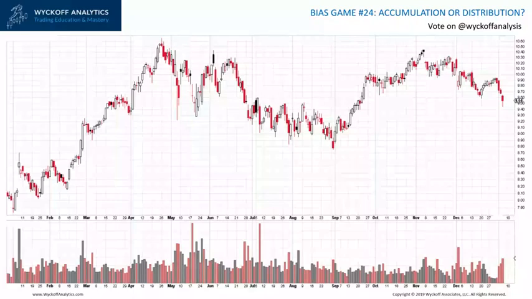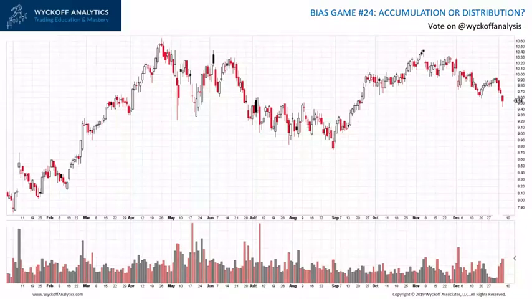Or maybe even for those of you who said it was reaccumulation, what was the most difficult part to identify that would help you with the bias? I want to start with that today. We're going to back engineer a little bit. So write it down, please. What was the most difficult part of the analysis for this bias game?